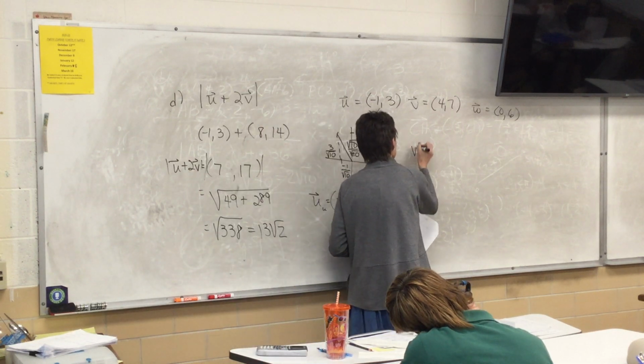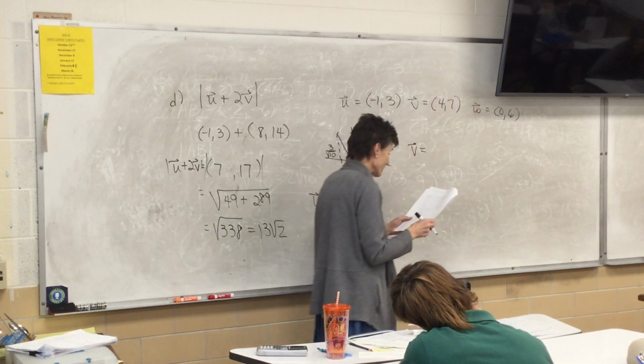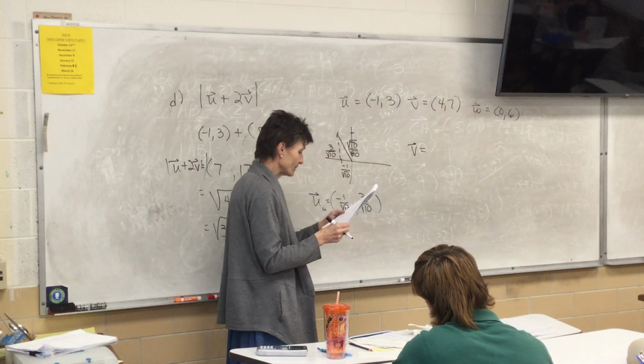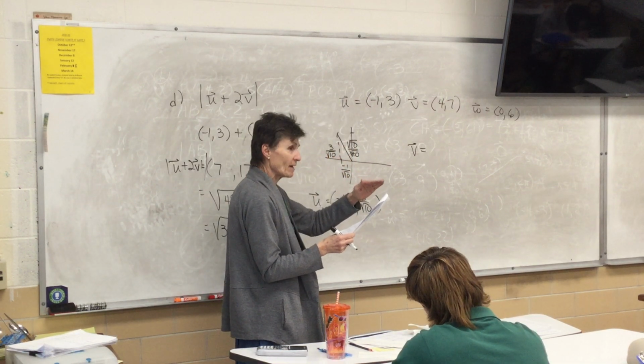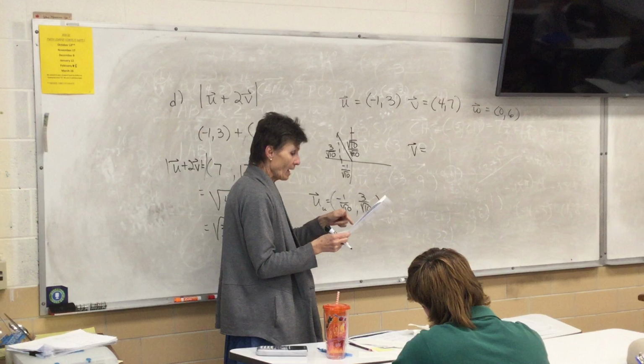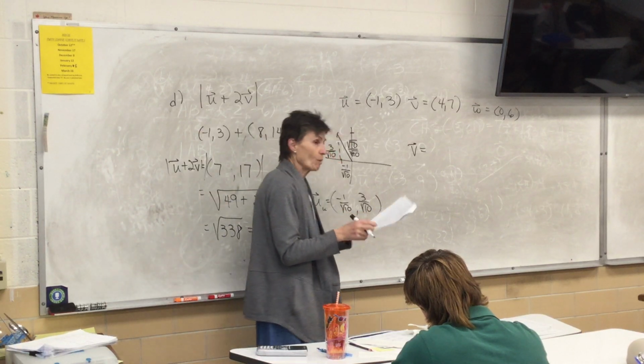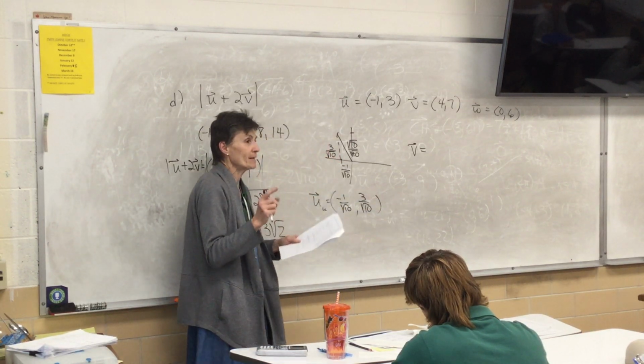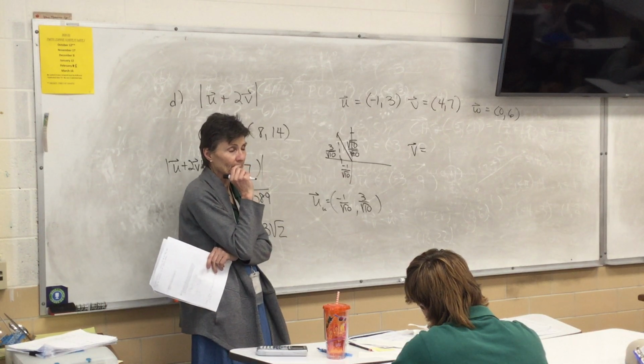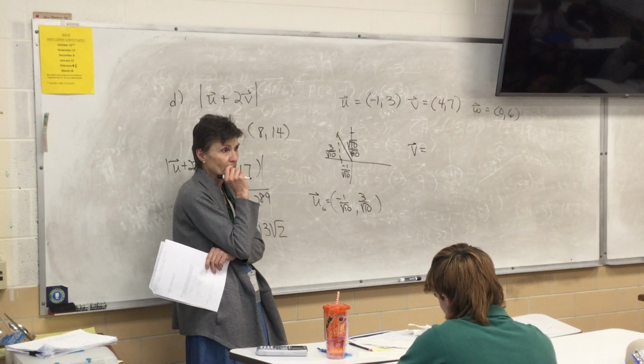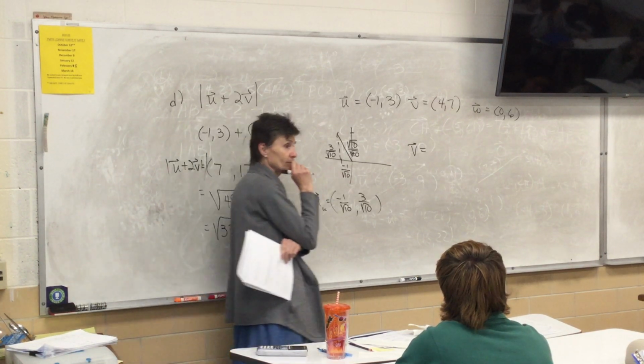Write v as a linear combination. Oh wait, okay, David, I skipped F accidentally, but I'll get it, okay? I'm on G now. I'm writing v as a linear combination of i and j. We talked about that, real easy.